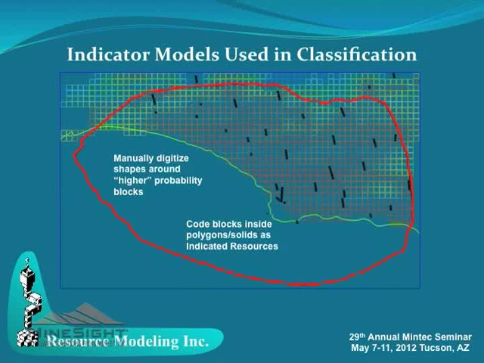I draw these shapes, typically one on every 5th bench, and then quickly link them together as a solid and code a resource category field in the block model, and basically say all these blocks inside of there are indicated based upon demonstrated mineralized continuity.